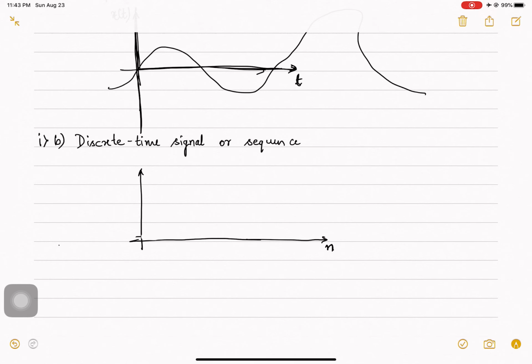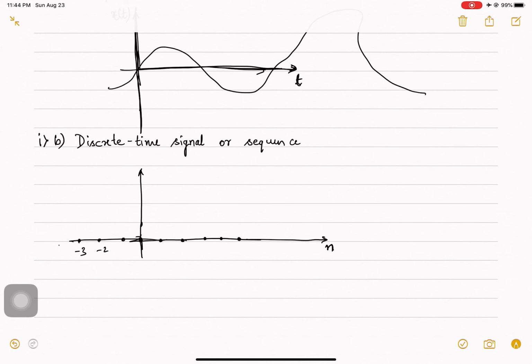Now the difference here between the two is that there is a restriction on the values that n can take. So n can only take the integer values, so on and so forth.